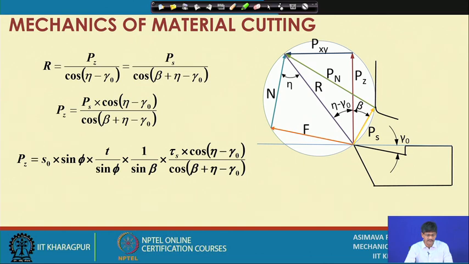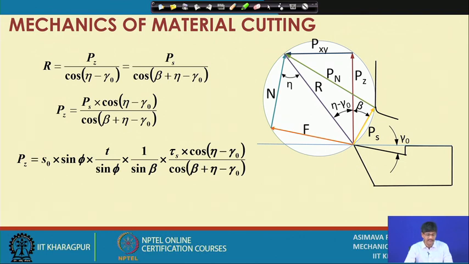We had proceeded up till this, and then we replaced the value of P s by the dynamic shear strength of the material and the area on which it is acting. The projected area we had found was equal to T by sin phi into S 0 sin phi.